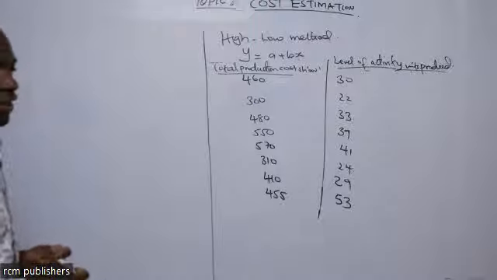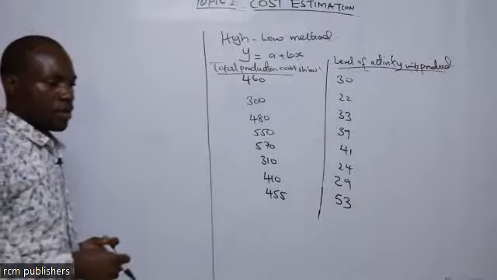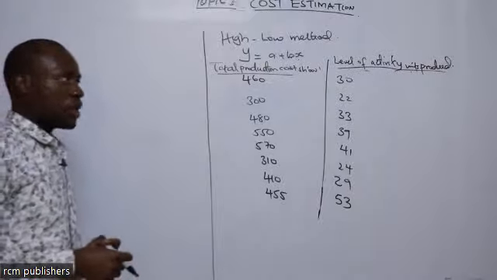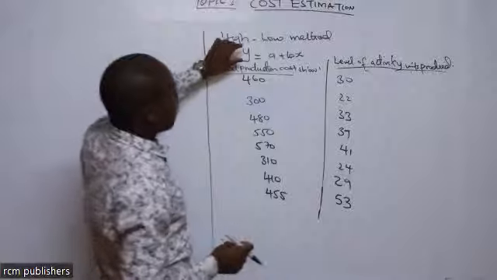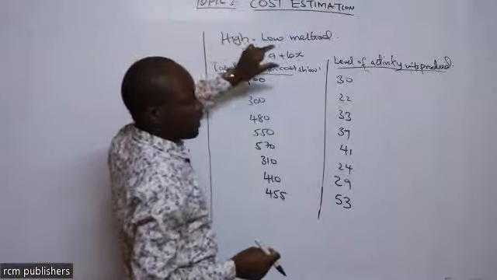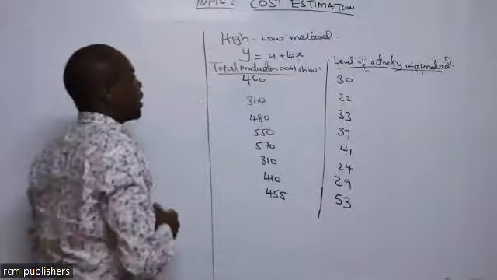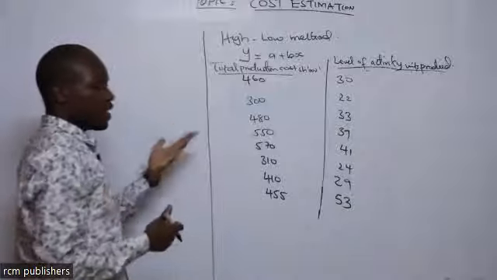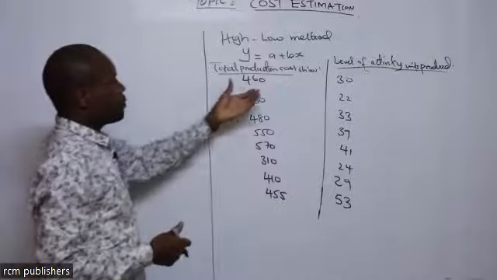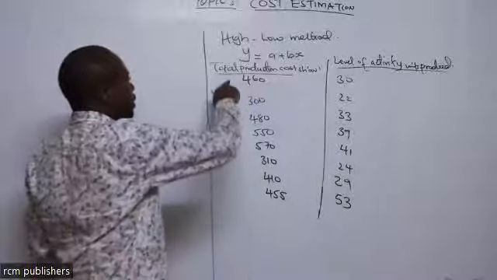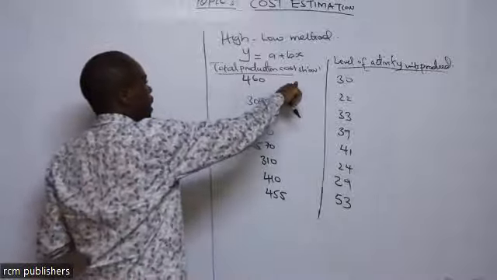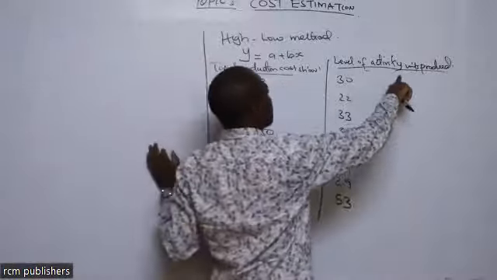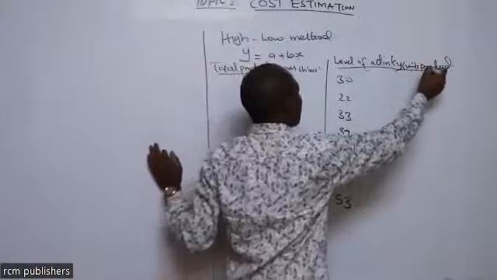Which one are we going to have as y? Remember, we said y is the dependent variable and x is the independent variable. Now, if you look at this data set, we are told that this is the total production cost and then the level of activity in brackets, units produced.